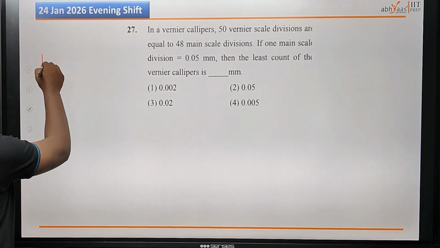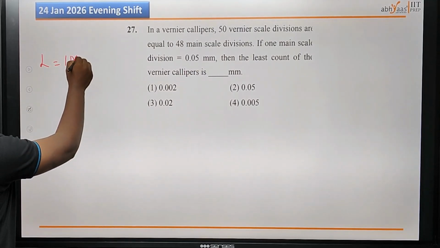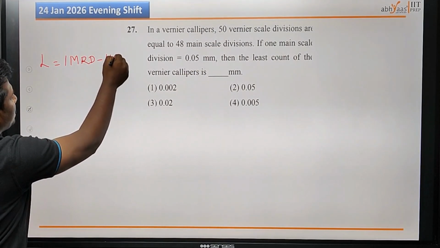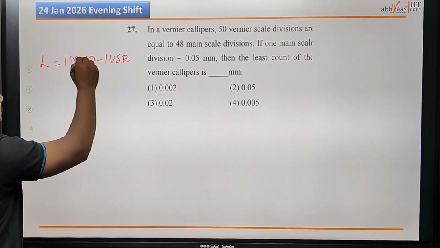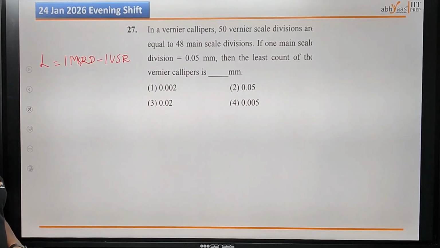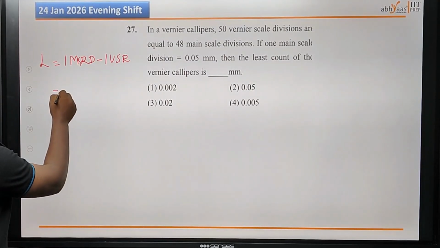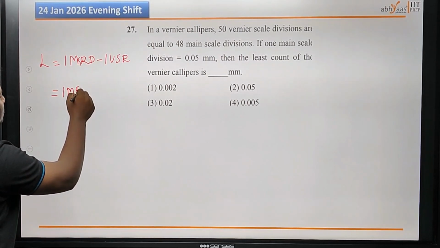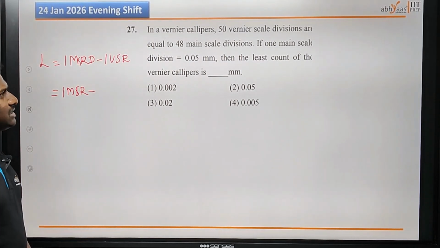Least count can be written as 1 main scale reading minus 1 vernier scale reading.